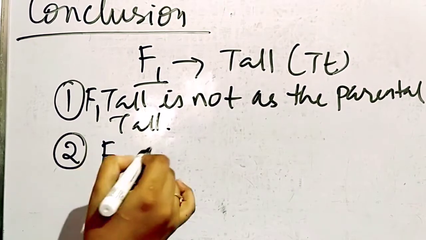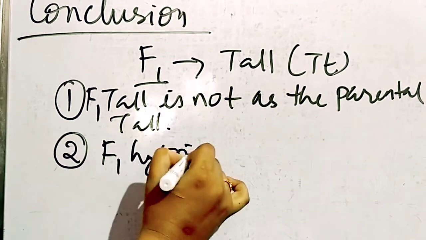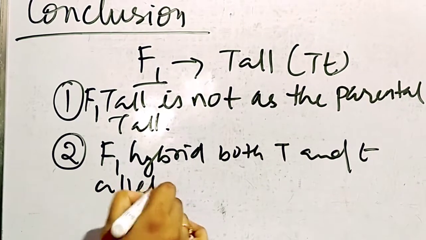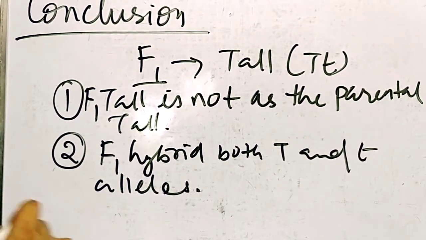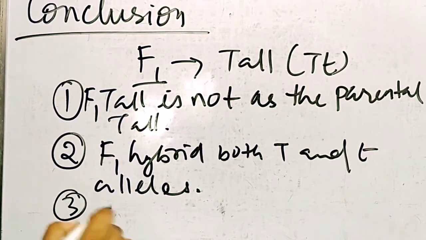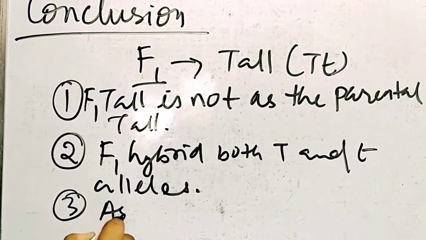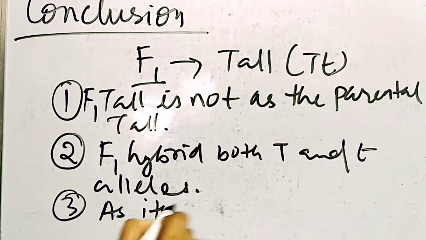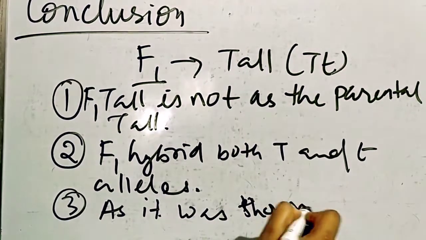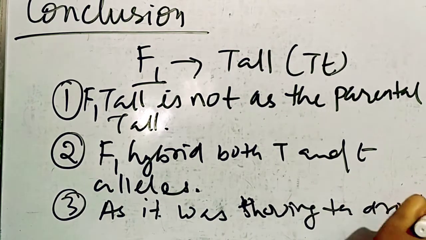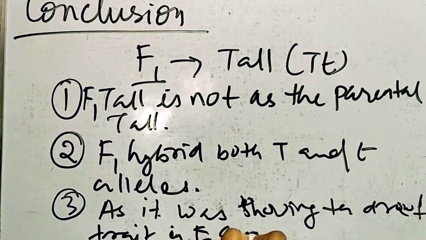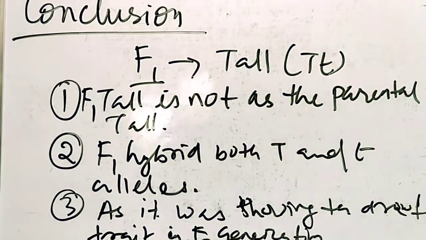So the F1 generation offspring or hybrid has both tall and dwarf alleles, and because it has both, it is able to show the dwarf trait in the F2 generation. So this was the conclusion that Mendel got.